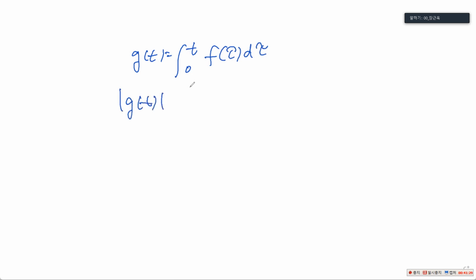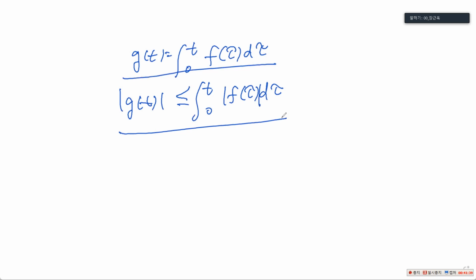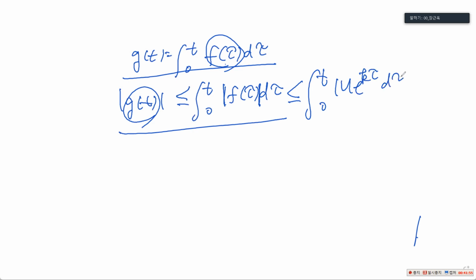Then I would like to say that the absolute value of g(t) is smaller than or equal to the integral of the absolute value of f(tau) d tau. If this relation holds, this inequality always holds. If we take the absolute value, then we have those inequalities. We apply the M-K condition, and it gives M e to the k tau d tau.